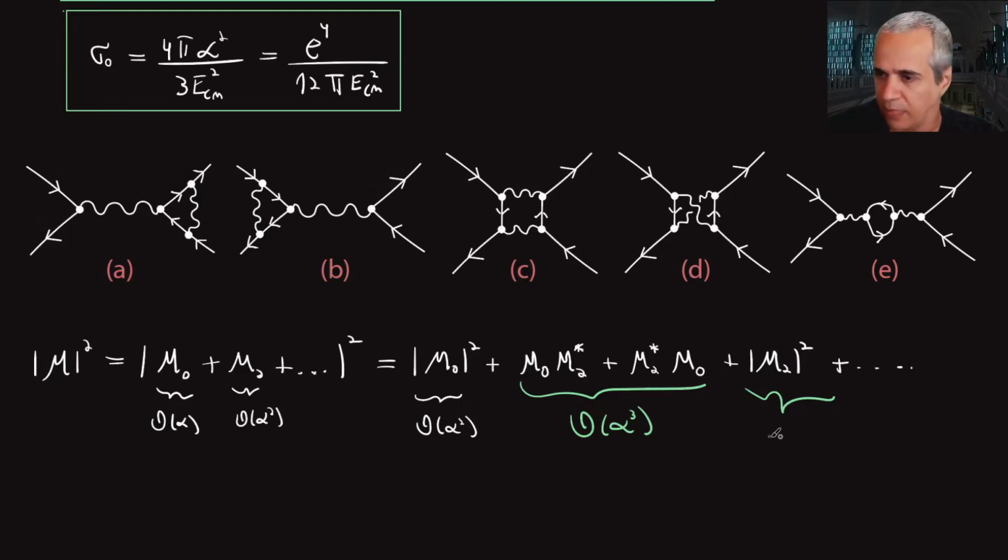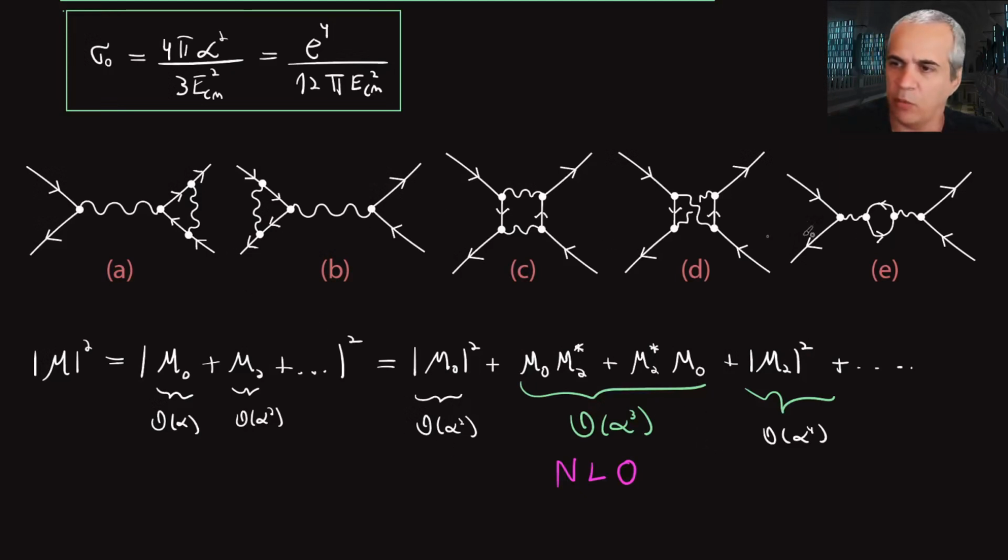So this is actually order alpha fourth and so on, right? But the next, and here's the important part, the next to leading order correction in the alpha expansion is actually order alpha cubed, which is the interference between the tree level and the one loop level diagrams, right? And this is what we'll be calculating today.